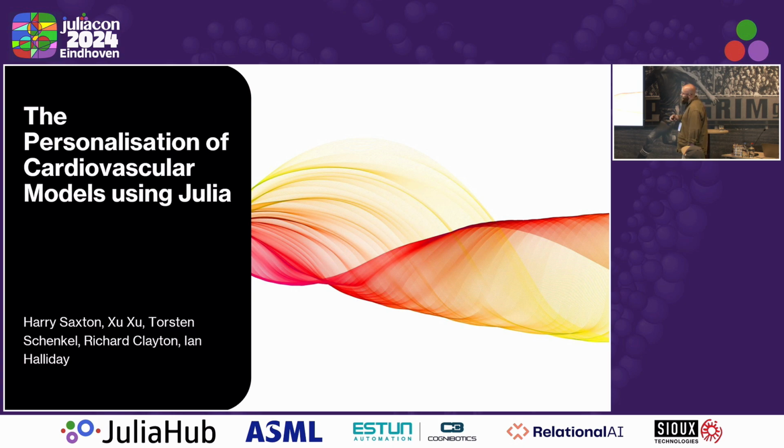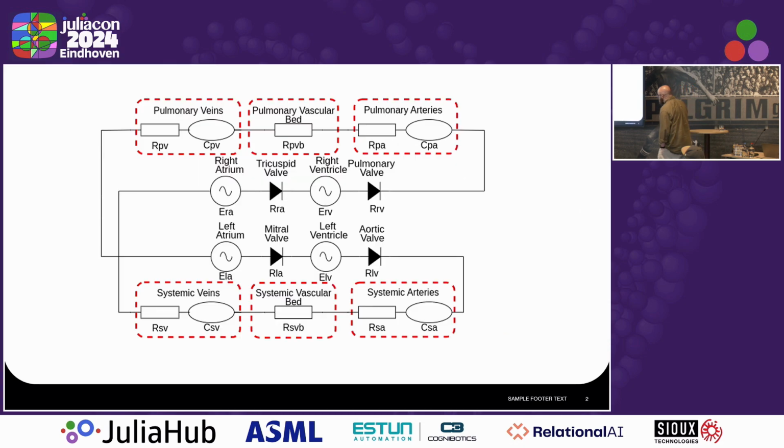So our focus is on pulmonary hypertension and on trying to simulate global dynamics. So we focus on these lumped parameter models, which just give simplified representations of the cardiac system. So we've got 4 chambers, ventricle and atria, with systemic and pulmonary circulation.